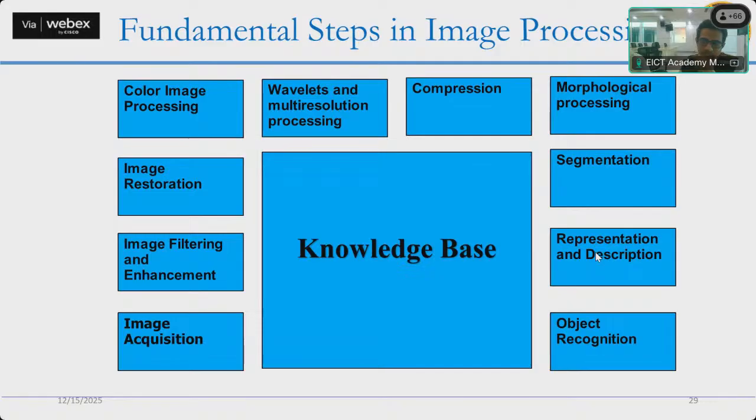Then the representation and the description. Description means, for example, somebody sees the image and you are able to find out what the image is about. For example, today many times we use the Google camera.